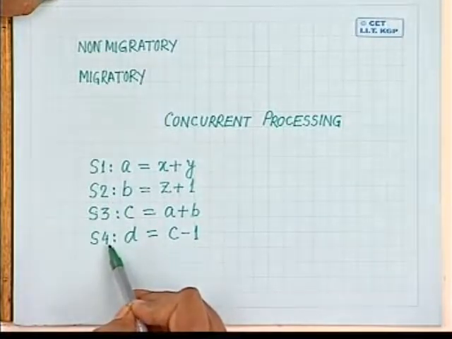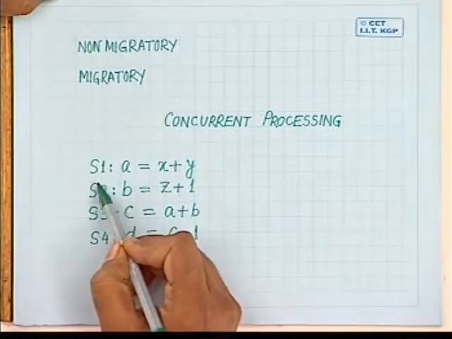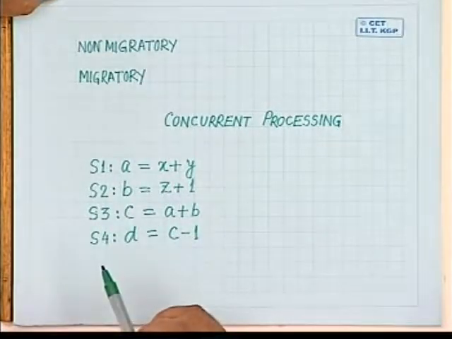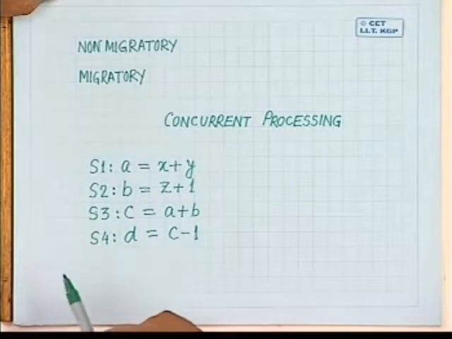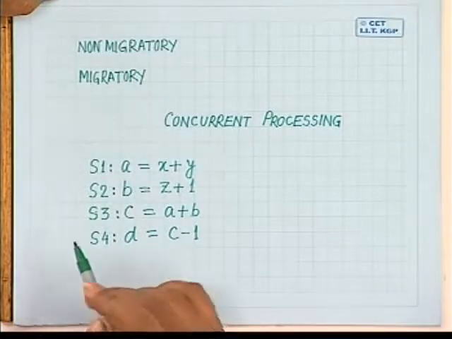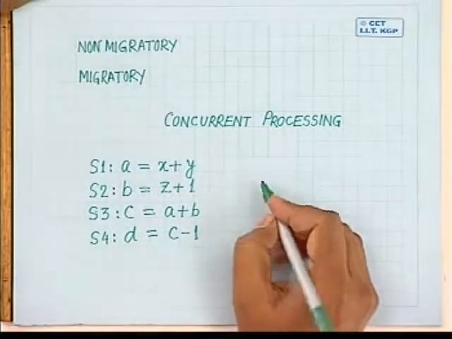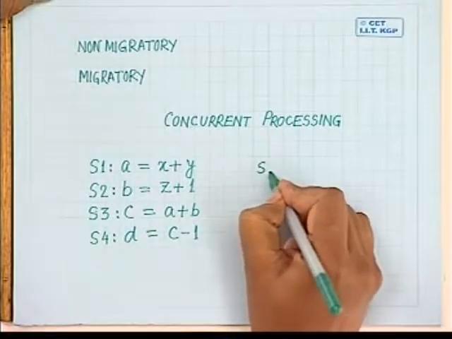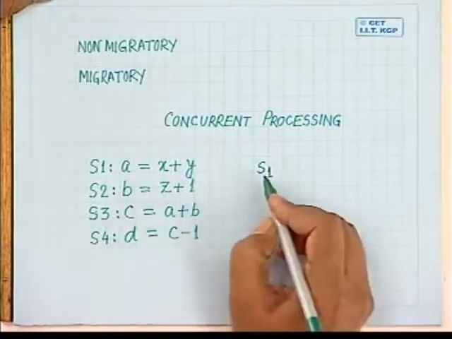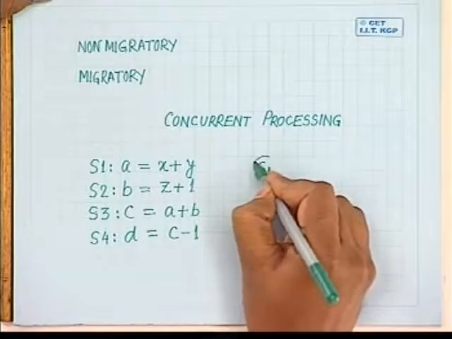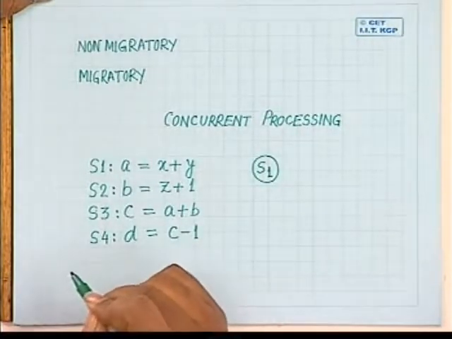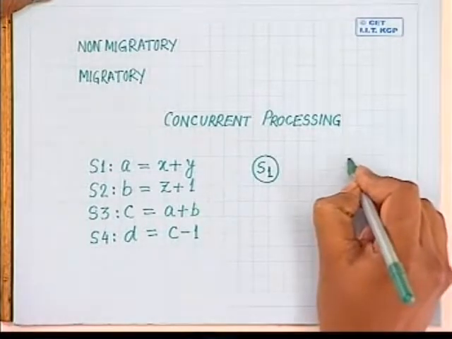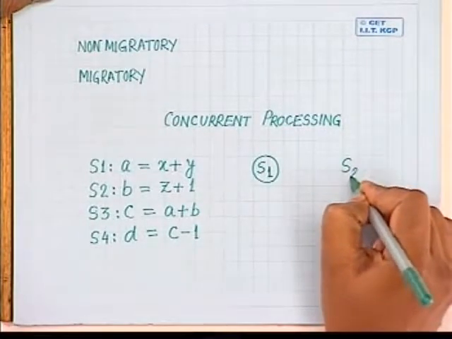Similarly, S4 cannot be computed concurrently with any of them. That tells me an order in which these statements are to be computed. I can compute S1 anytime. So I represent this graphically where S1 is a node. I can compute S2 concurrently with S1.